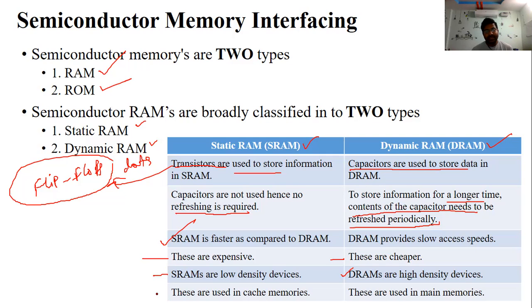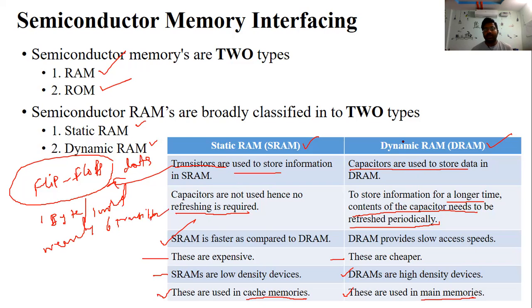SRAMs are used in cache memories, and DRAMs are used in the main memories. Because for storing 1 byte or 1 code in SRAM, you require nearly 6 transistors.